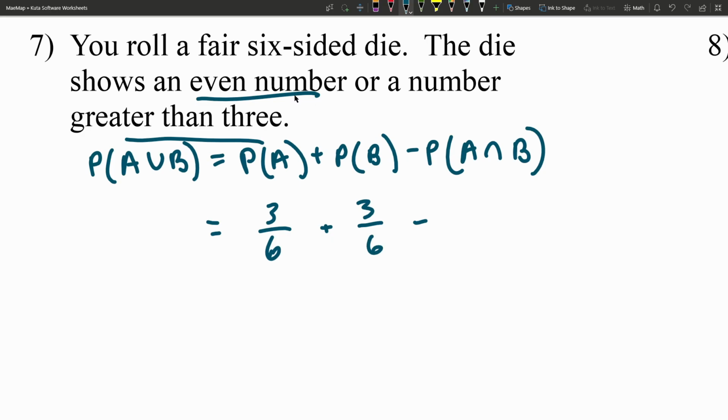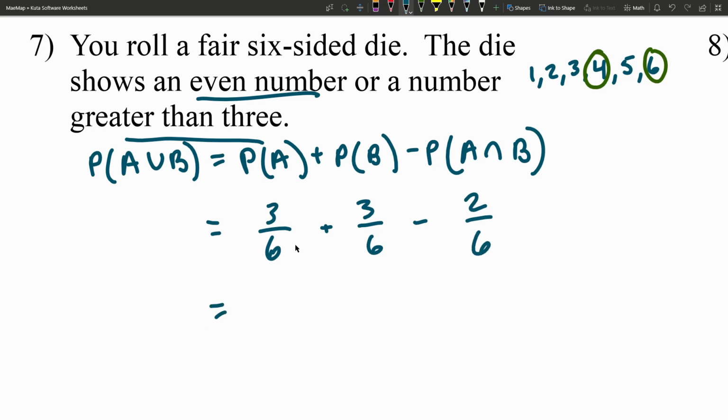What's the probability that it's an even number and it's greater than 3? So out of all of the numbers on our die, 1, 2, 3, 4, 5, 6, circling the ones that are even and greater than 3, that's just 4 and 6. So that's going to be 2 out of 6. That's our overlap. So the probability of A and B is 2/6.